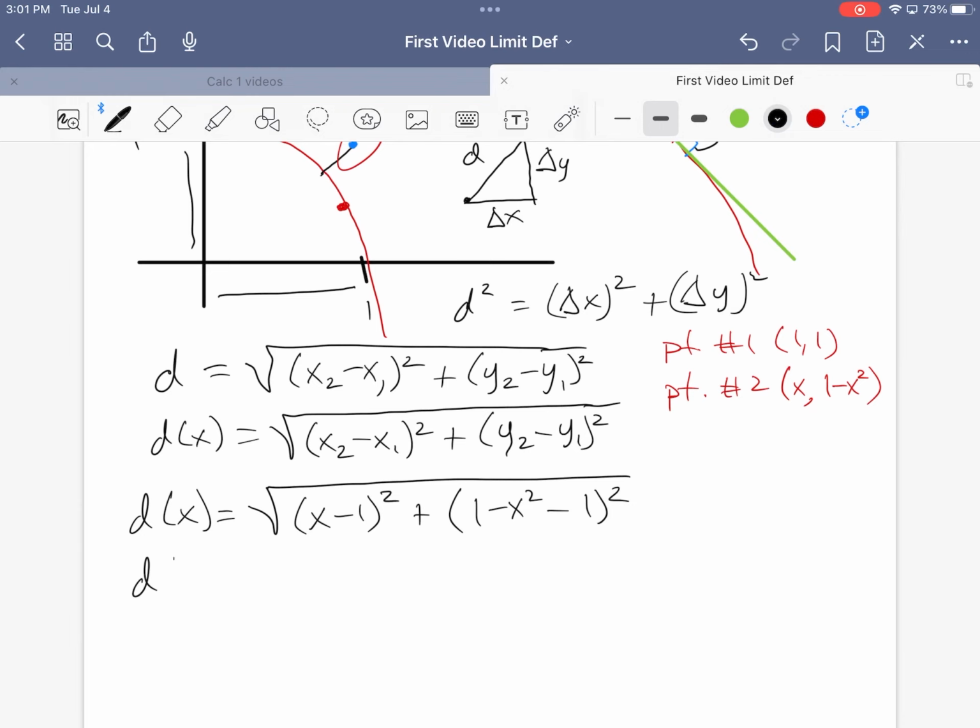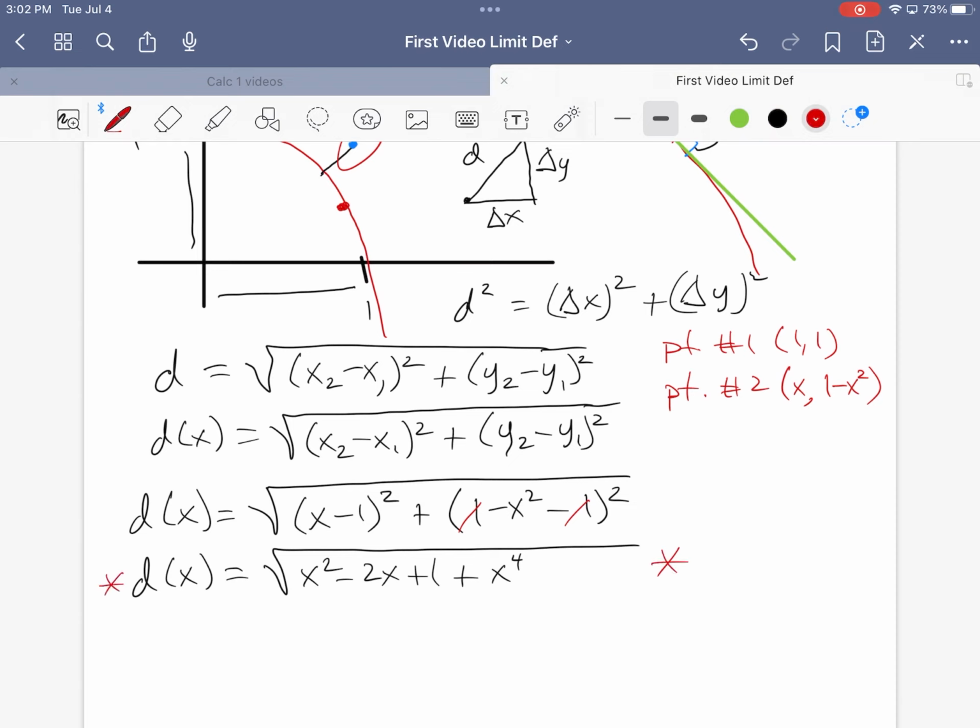Now, if I simplify this, I'm going to go ahead and square that out. I get x squared minus 2x plus 1. And notice here that the 1's cancel, and so I'm just left with x to the 4th when I square that. Okay. This is the function right here that I want to optimize, or in this case, minimize.